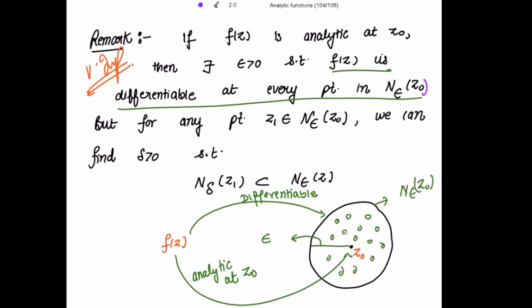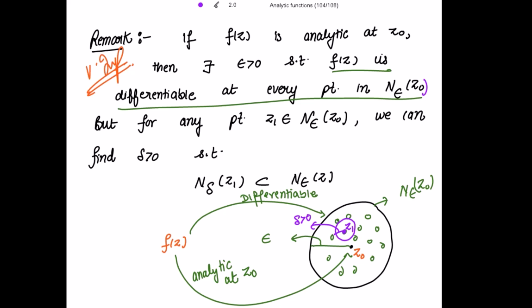But for a point, let's say z1 belonging to the neighborhood of z0, and z1 is having the neighborhood with the radius delta, right?